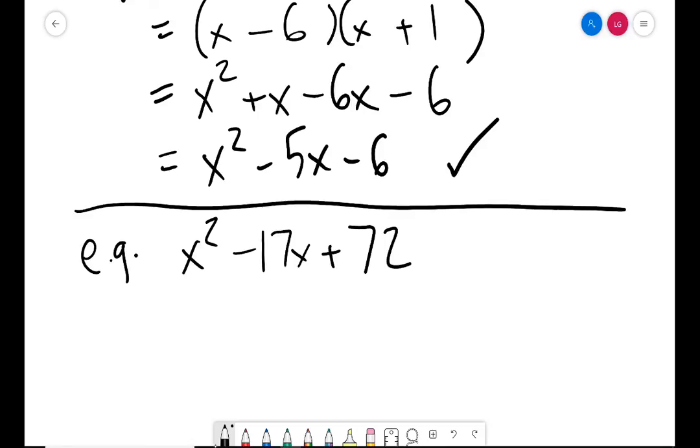So we're trying to factor this into a distribution question. We know that we must have 1x squared.